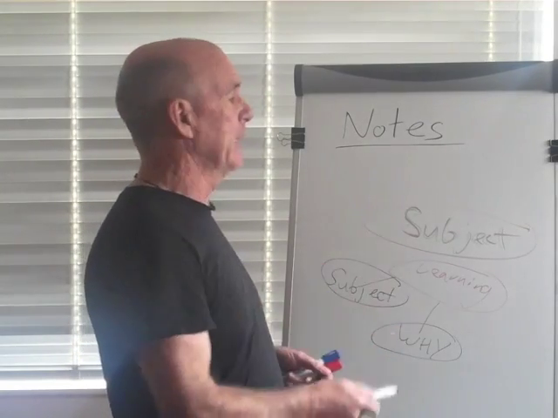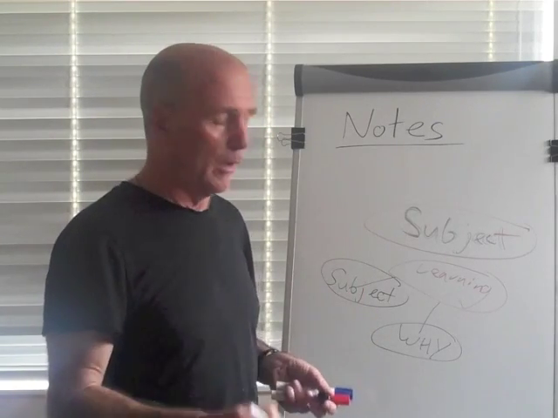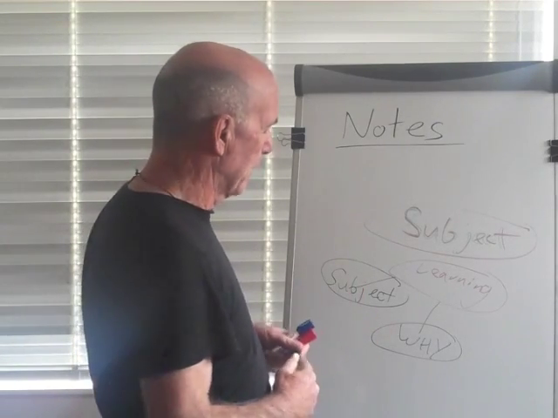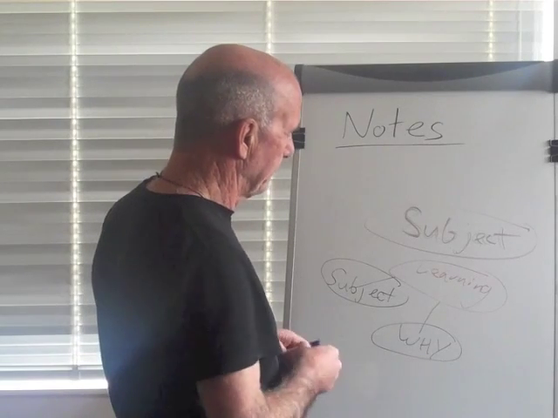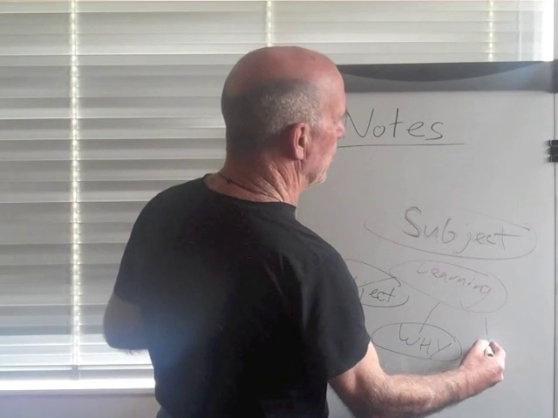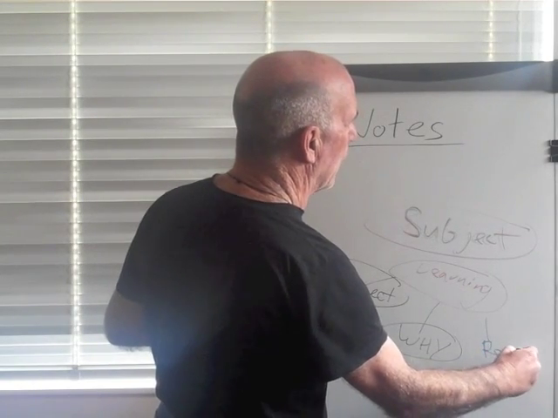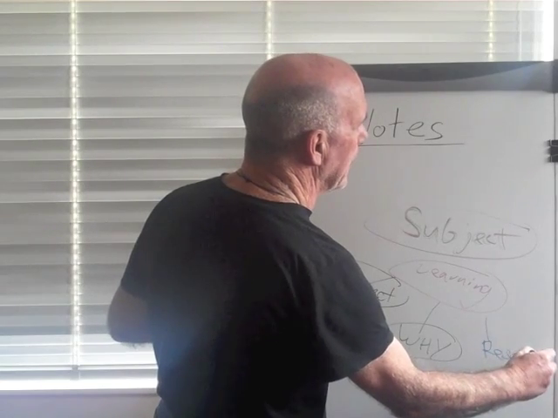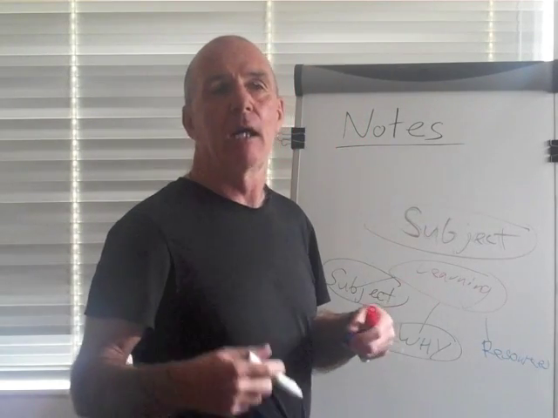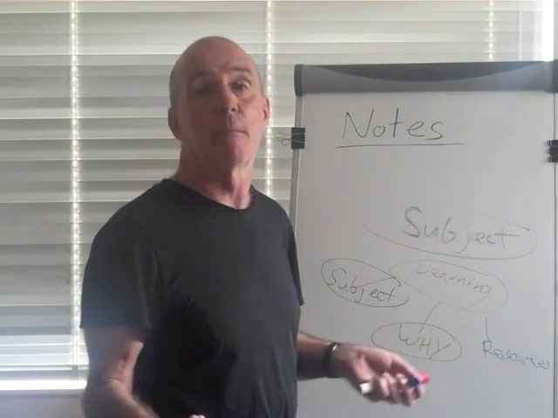And this gives you a very clear idea of your motivation for learning this stuff. You may be going to have a look at what resources you need. Do you need a computer? Do you need a quiet space? Do you need some sort of group to work with?